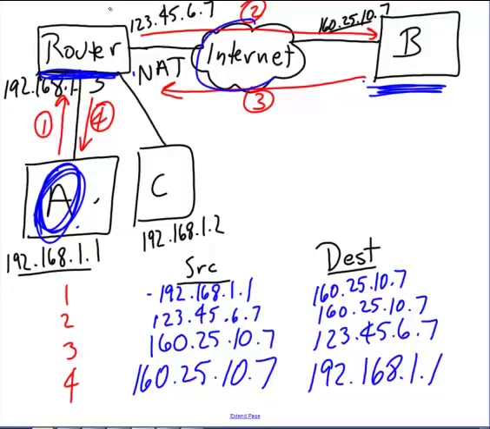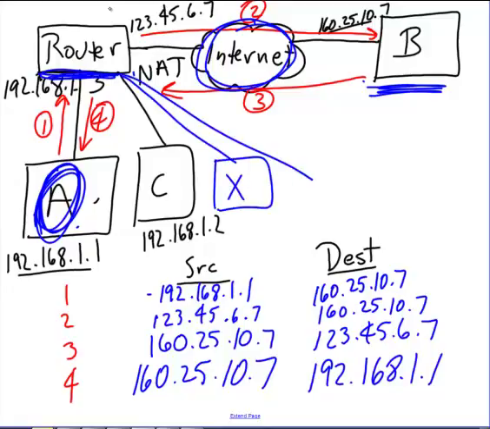From the internet standpoint, A, C, the other machines behind the router, X, Y, and so forth, don't exist. There is only the router, the machine that's providing network address translation. But it hides all these other machines that are on its network and allows them to communicate, albeit in a somewhat more limited fashion, with the rest of the internet.